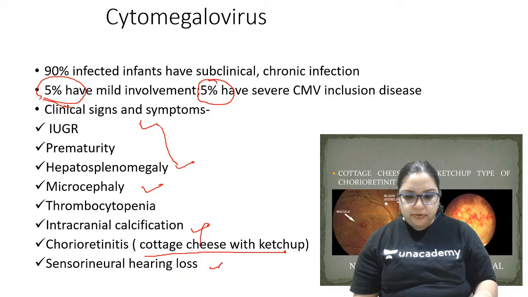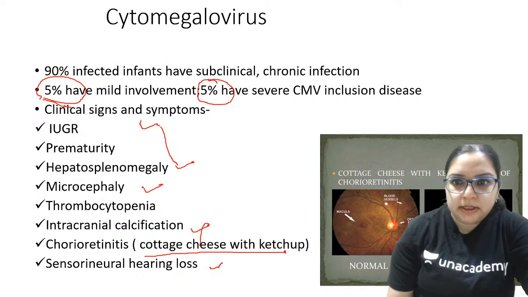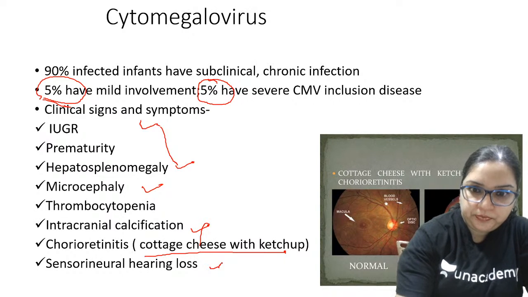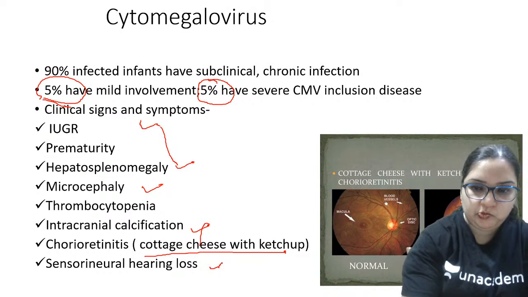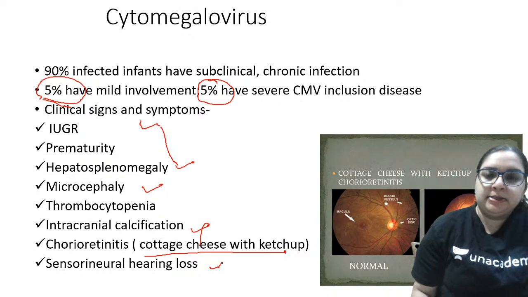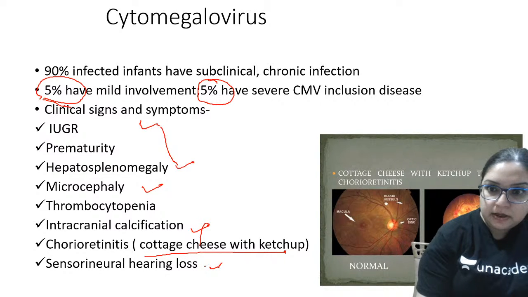Okay, so now we have this image. Okay, I'm coming in between the image. I'm just shifting my position. Just see carefully. The cottage cheese with ketchup type of chorioretinitis. You can see the normal fundus, right?